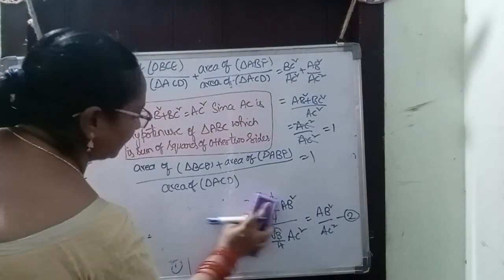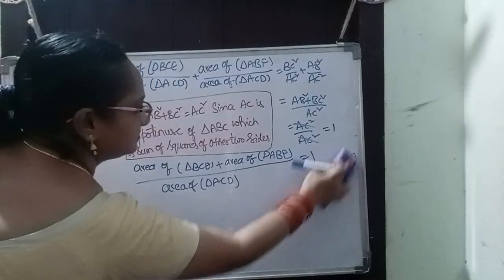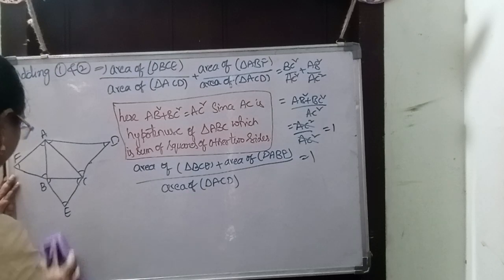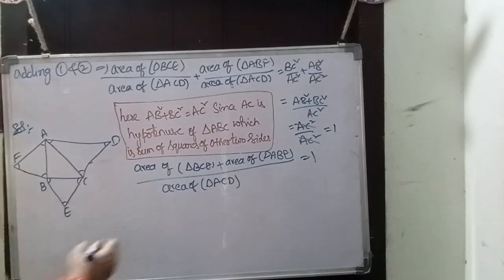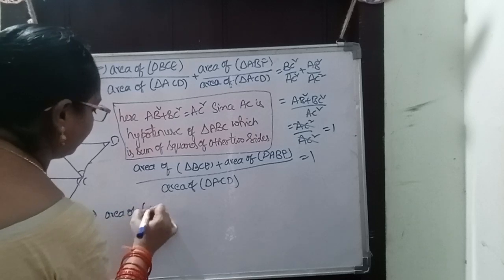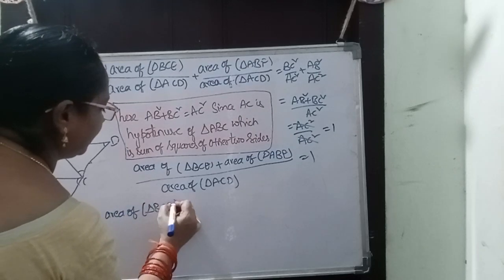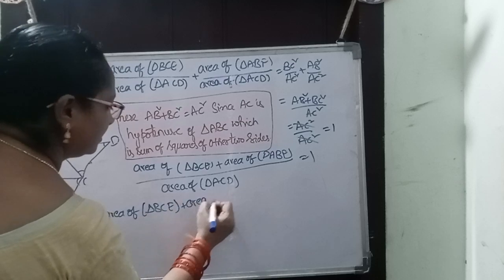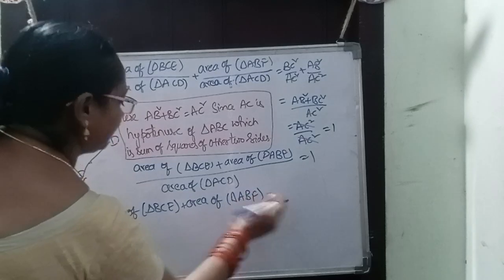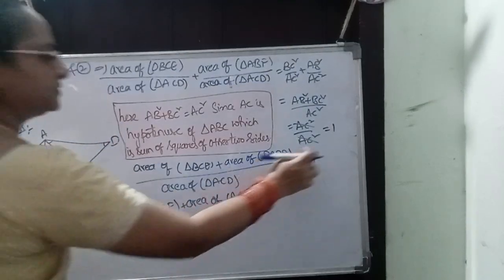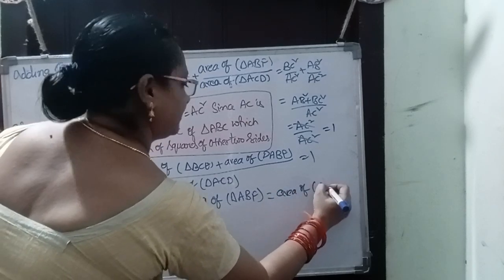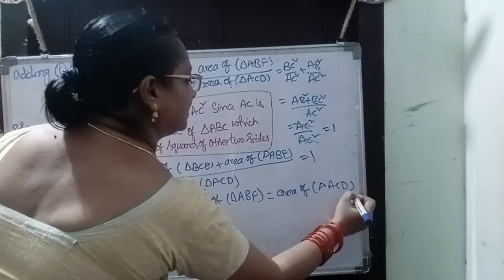Then at last, that implies area of triangle BCE plus area of triangle ABF equals, bringing area of ACD to this side, area of triangle ACD.